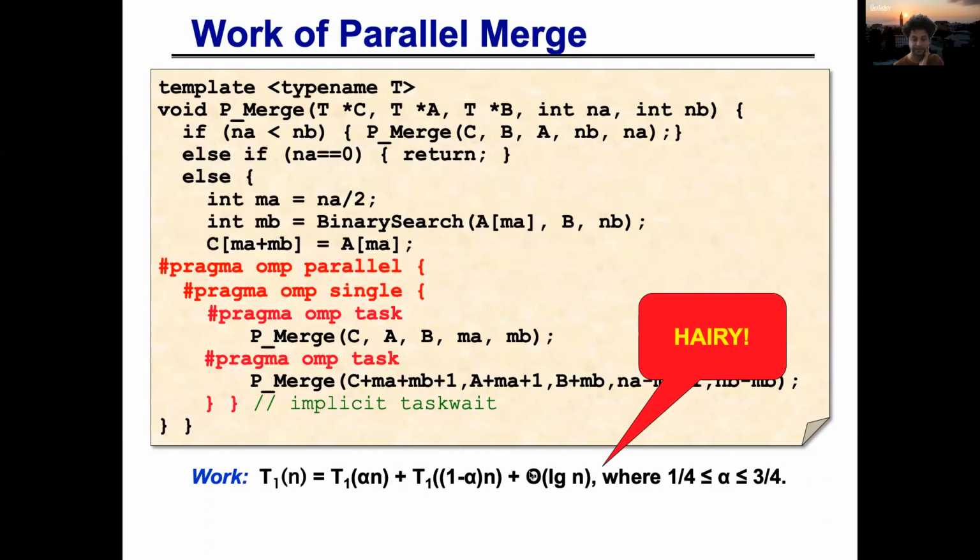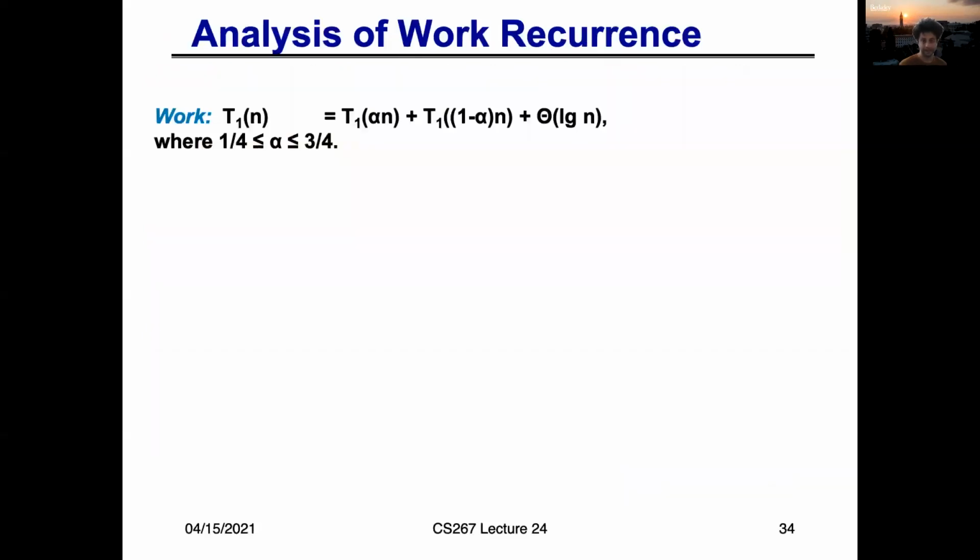And then there's the cost of combining, log n. The part of the lecture that I'm probably not going to go over is that one way to solve this is to claim some guess that you have a good idea about and try to prove it by induction. And that's what we do here.